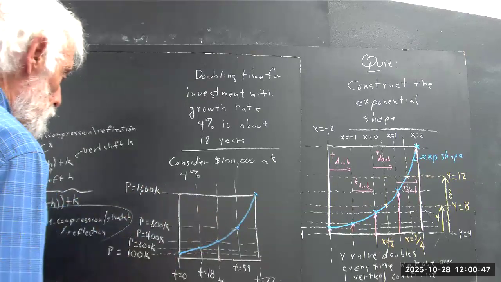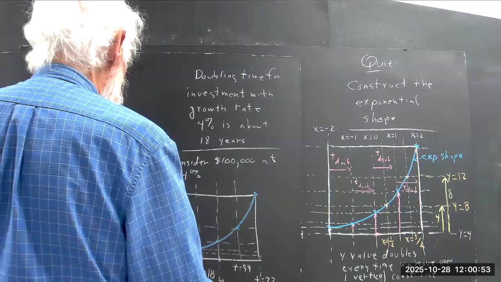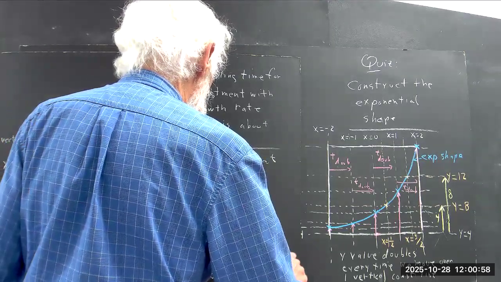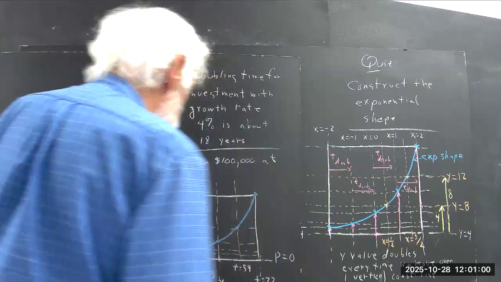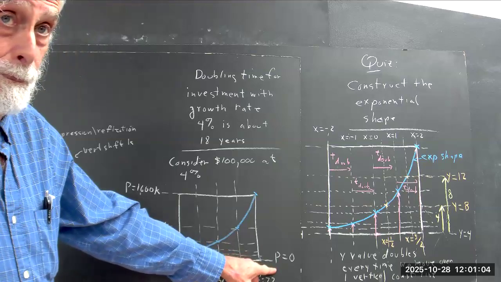Here in this example, I didn't label it before, but the bottom line is still p equals 0.